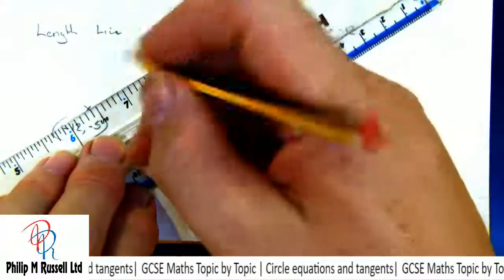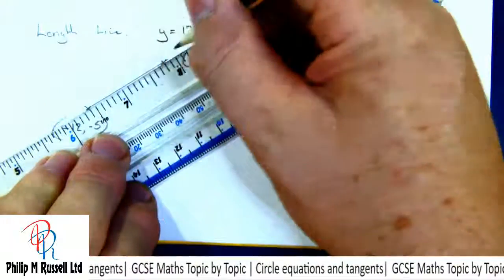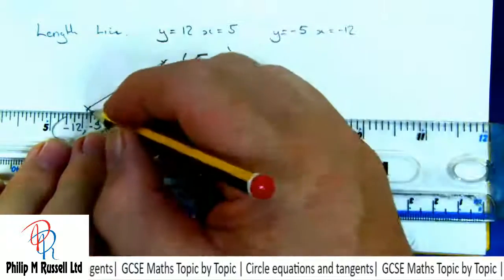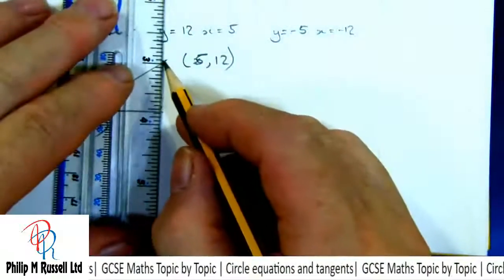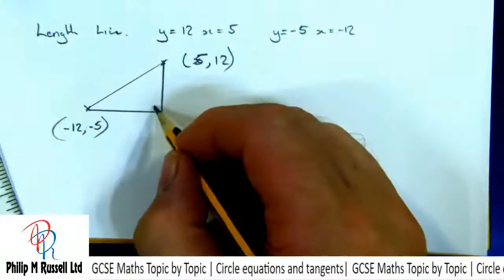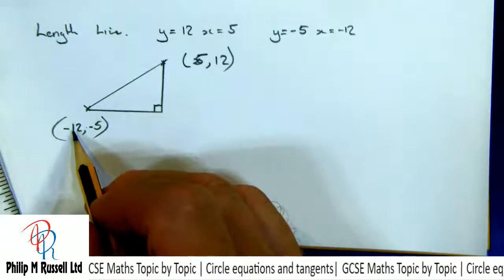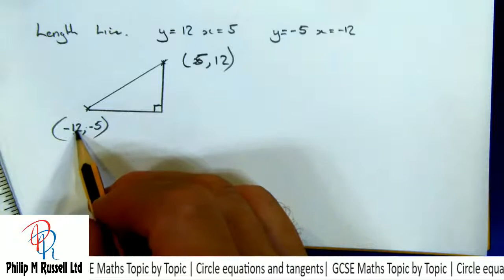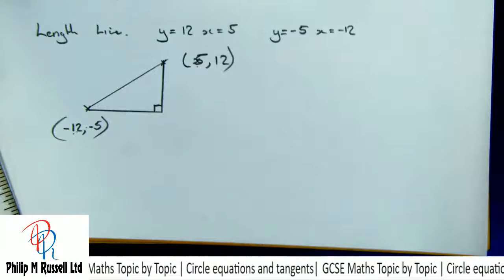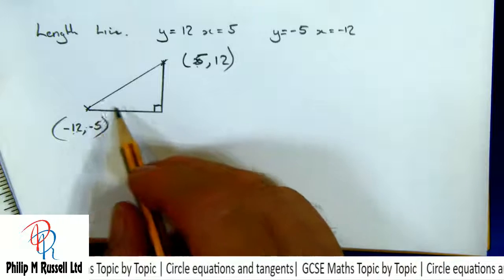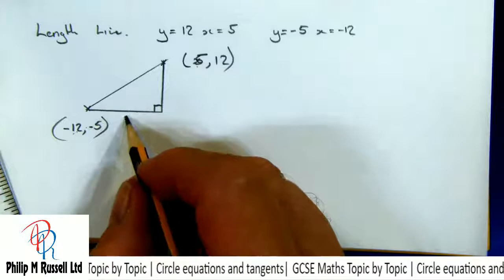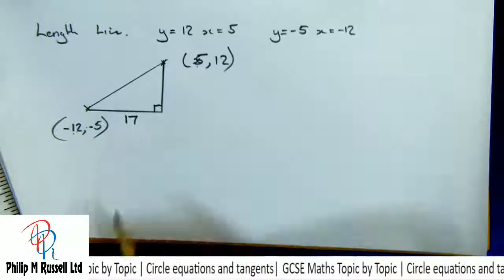To work out this line, all we've got to do is use a little bit of Pythagoras. I need to work out the distance here from minus 12 to plus 5. So it's going to be 12 plus 5, that's going to give me 17.